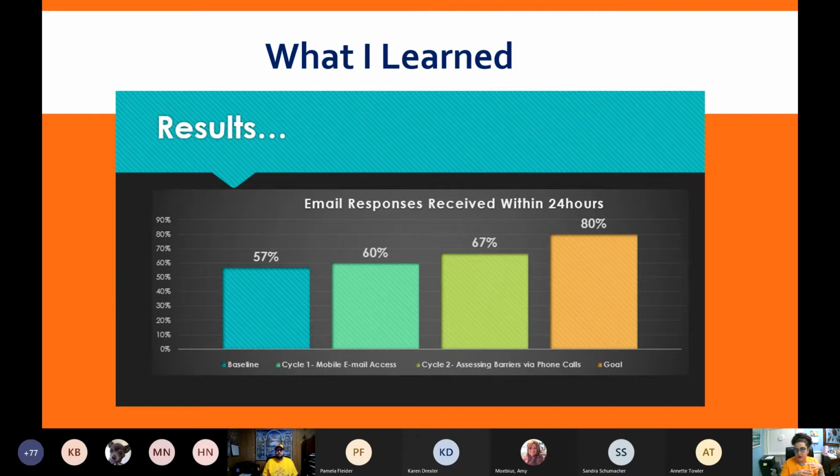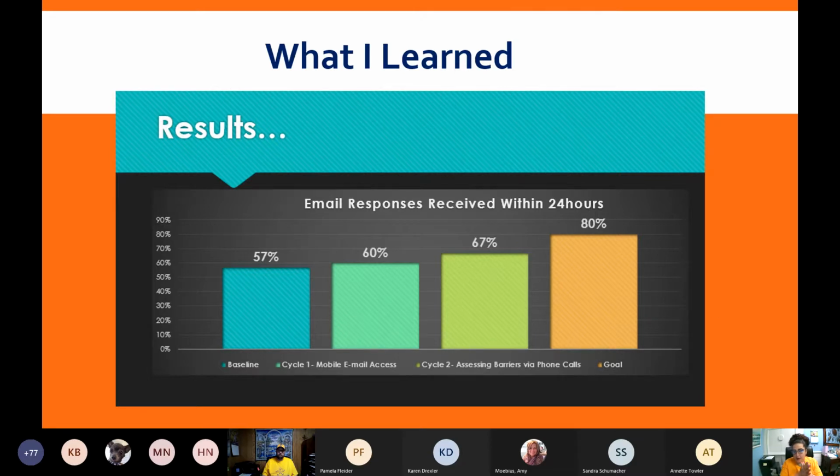So we were trying to figure out the little intrinsic things that we couldn't identify by just the cycle change that we did. Once we did all of that, and we started working with people one-on-one on their individual barriers, we did reach our goal of 80%.